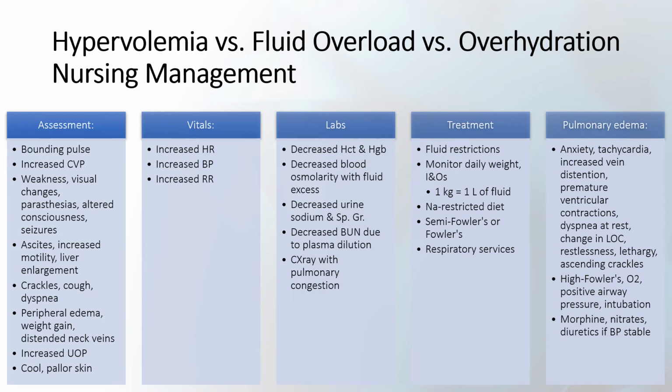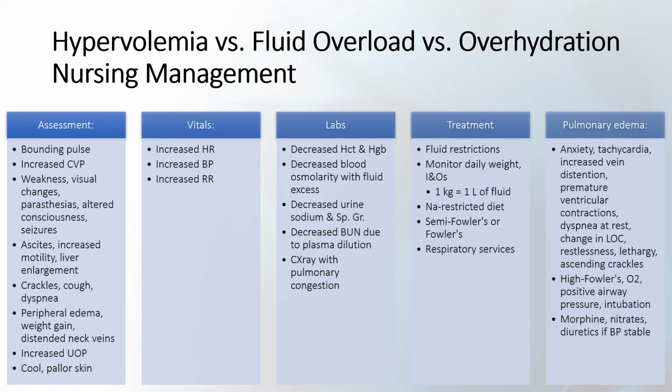These clients may have ascites, increased motility, liver enlargement, crackles in their lungs, cough, and dyspnea, because that fluid is being pressured into the lung field, so you'll hear fluid on their lungs. Peripheral edema and weight gain are also due to third spacing from this excess fluid volume being pushed out of the vascular system to wherever it will go.